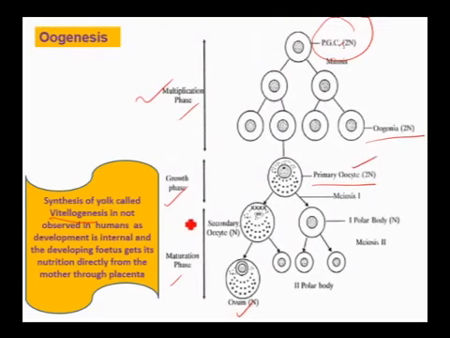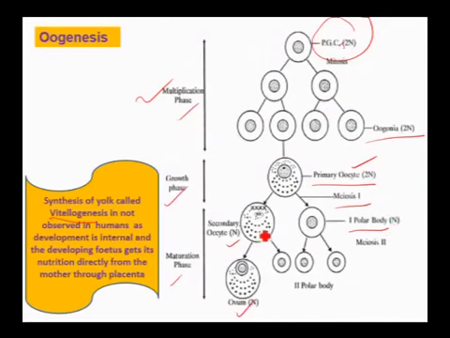Primary oocytes undergo the maturation phase. Primary oocytes undergo meiosis 1, which is an unequal division. As a result, the primary oocyte gives rise to one larger cell, called the secondary oocyte, and a smaller body, known as the first polar body or first polocyte. Both the secondary oocyte and first polar body undergo the second meiosis, again an unequal division.